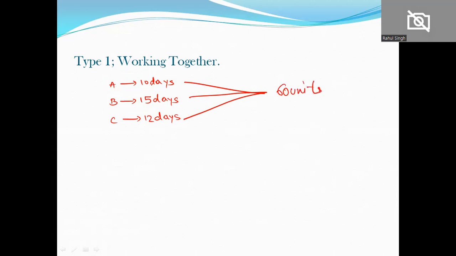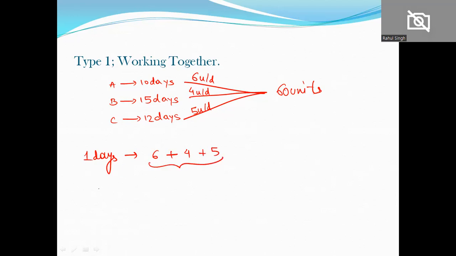If A can do 60 units of work in 10 days, then he can do 6 units of work in one day. B can do 4 units of work in one day, and C can do 5 units of work in 1 day. So working together in 1 day, A will put 6 units, B will contribute 4 units, C will contribute 5 units.